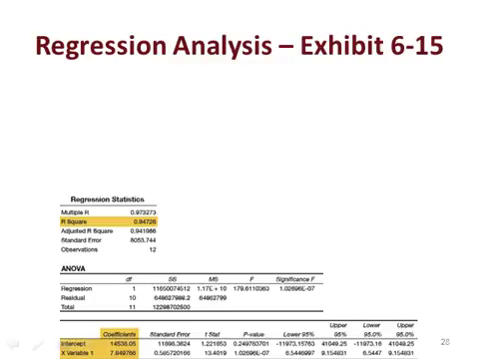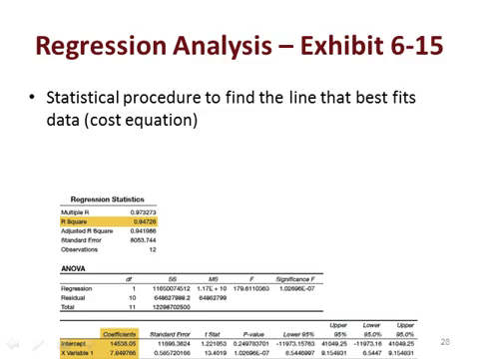With regression analysis, we use all data points, not just the high and low, and we end up really with three particular important measures. One is the R-squared, which is highlighted in yellow, and then the other is the intercept, which is where the line intercepts the y-axis, and so that essentially gives us a fixed cost component, and then the x variable 1, which is the variable cost associated with each unit of production.